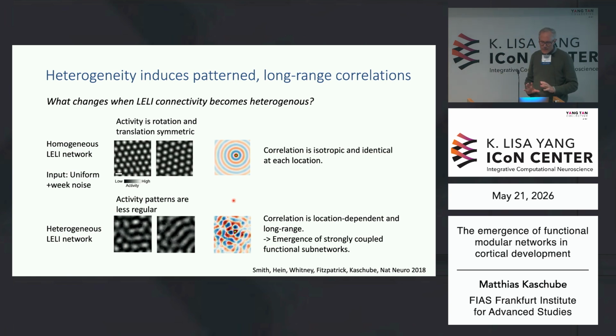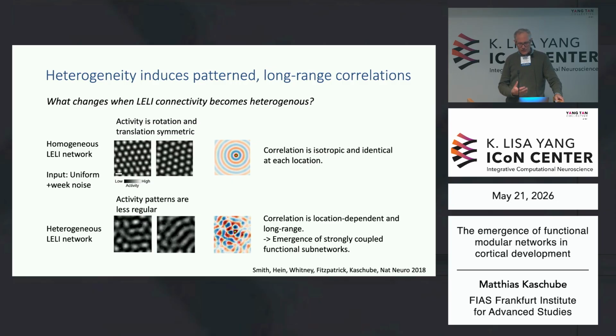And this is really an emergent property of these heterogeneous, strongly coupled networks. So you have strongly coupled functional networks emerging over a distance of several column spacings away. And so these strongly coupled networks have interesting functional properties.